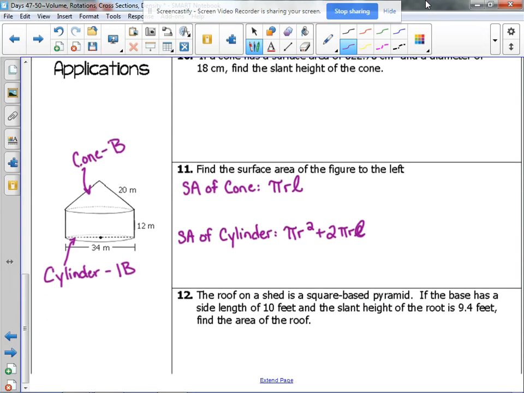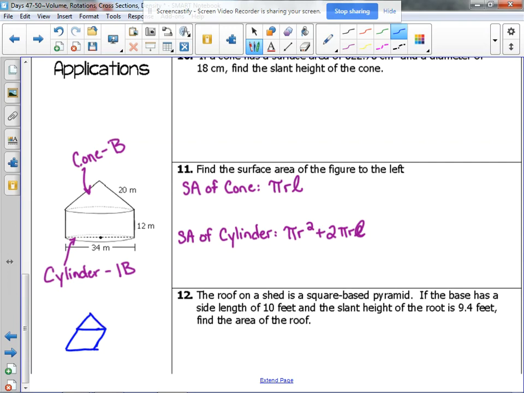Let's look at number 12, kind of a similar idea. The roof on a shed is a square-based pyramid. If the base has a side length of 10 feet and the slant height of the roof is 9.4 feet, find the area of the roof. So let's draw a picture. It's a square-based pyramid. So draw a square. Comes to a point.